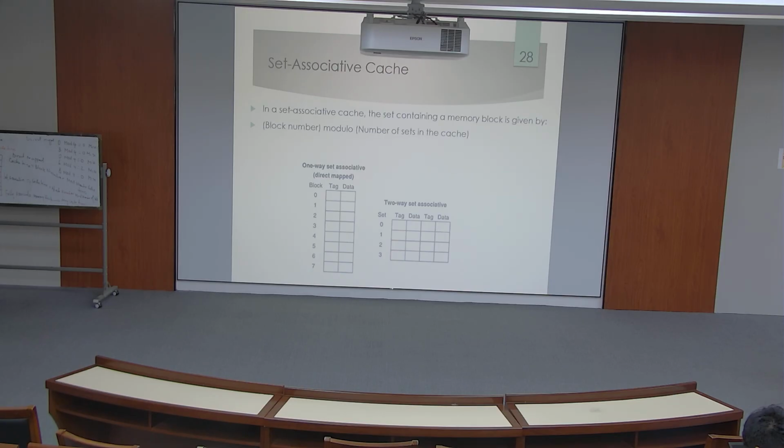In today's class, we learned about cache memory. We learned why we have cache memory in our computer system. Since the cache memory is smaller than the main memory, not all main memory blocks can be loaded into the cache lines at the same time. We needed to learn some cache memory mapping techniques to allow the system to load a specific main memory block into a specific cache line.